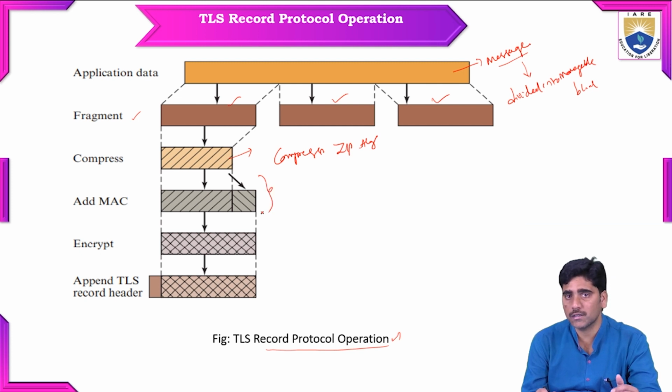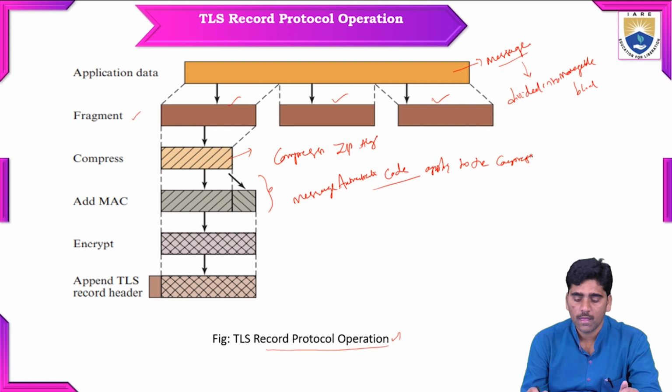The message authentication code is applied to the compressed data. After applying the message authentication code, it should be encrypted.